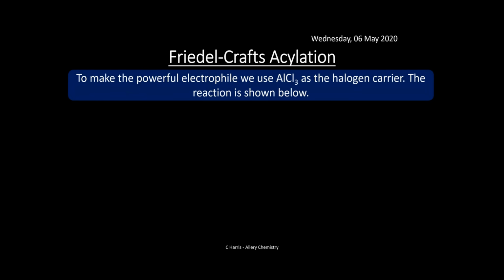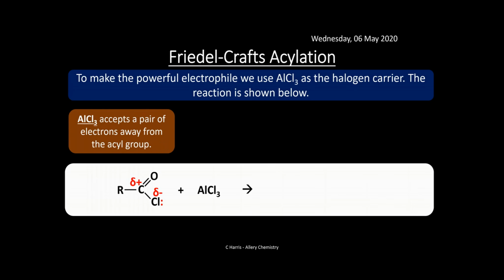So let's have a look and see how this works practically. To make this, we have to use aluminium chloride, AlCl3, which is your halogen carrier, and we do this first. So our AlCl3 accepts an electron pair away from the acyl group. Here's our acyl group on the left, our acid chloride, or acyl chloride, and then we have AlCl3, which is our halogen carrier.